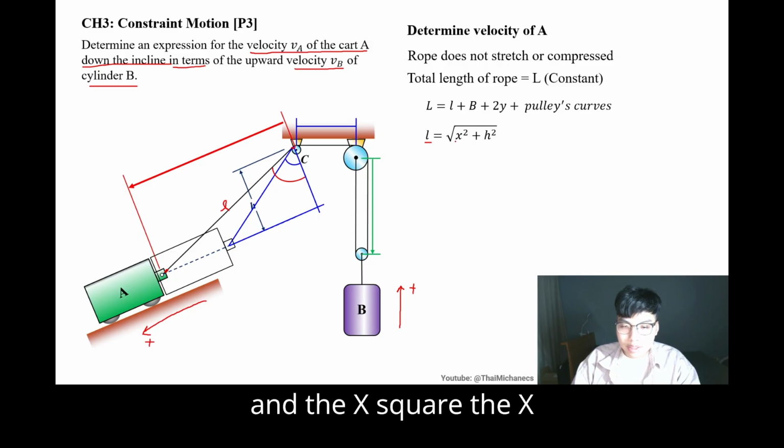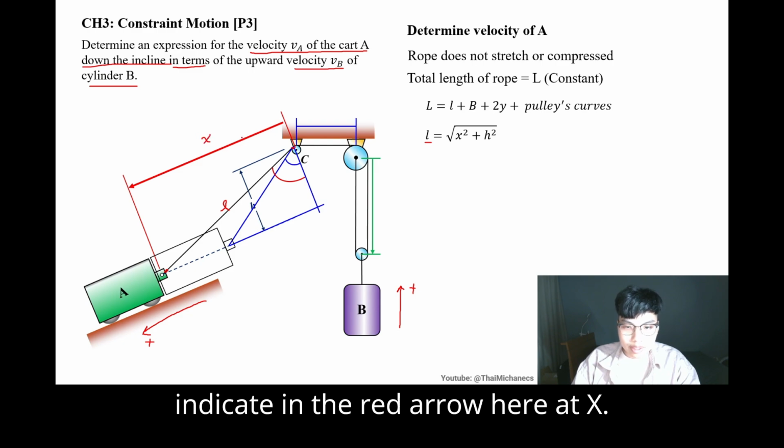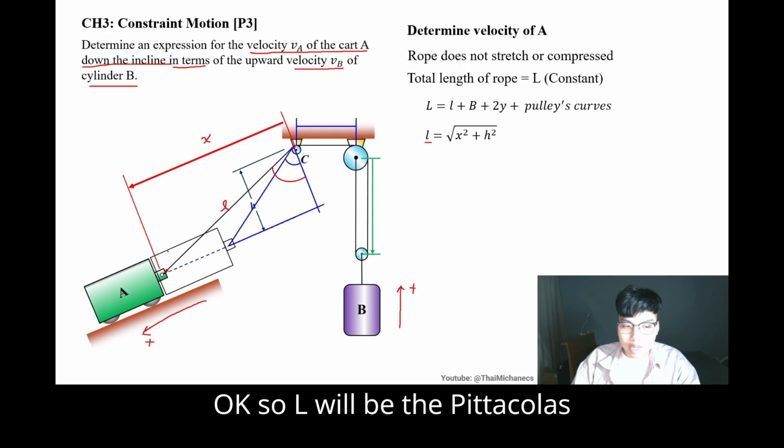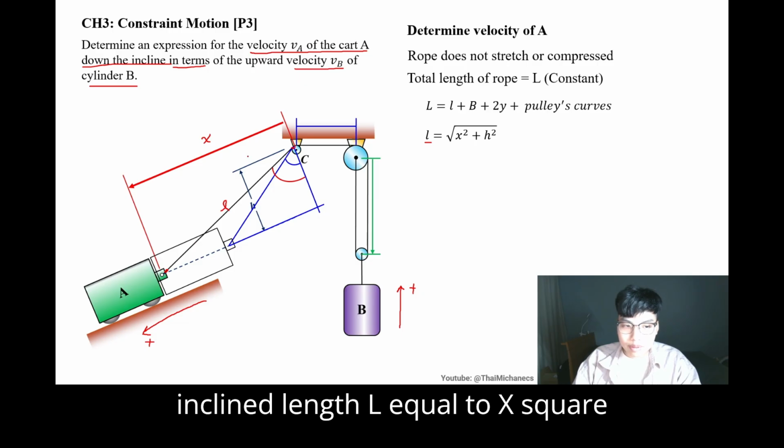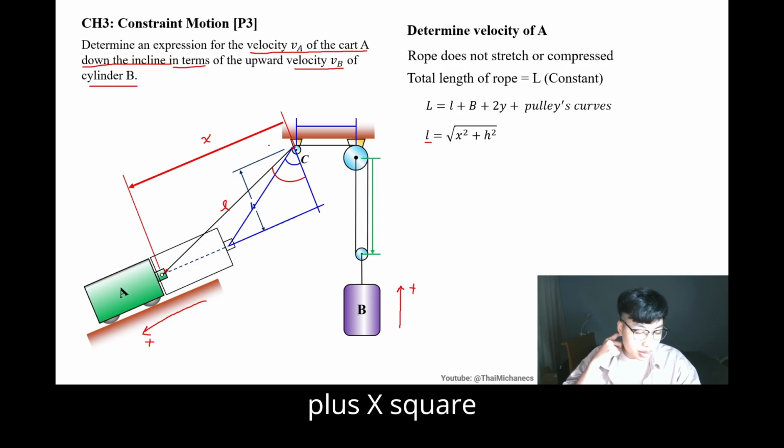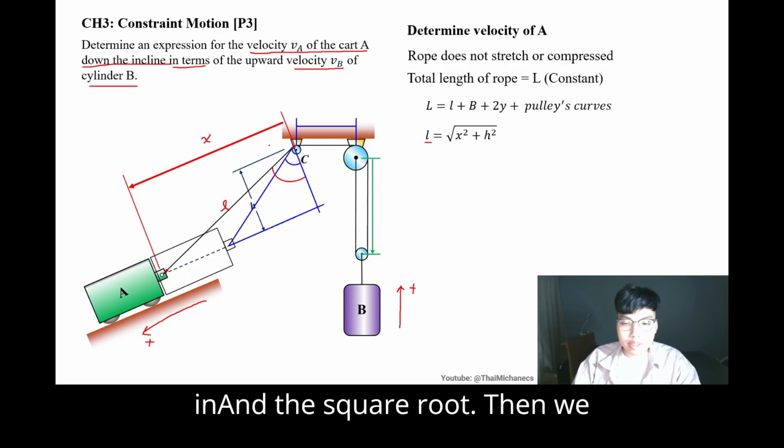And the x is indicated by the red arrow here. So l follows the Pythagoras theorem: the inclined length l equals the square root of x squared plus h squared.